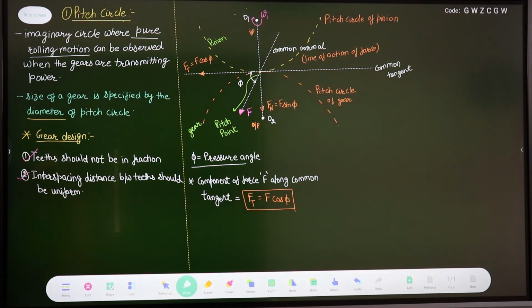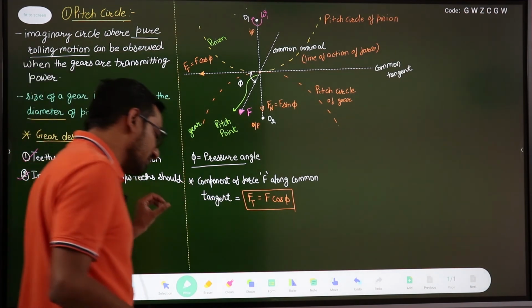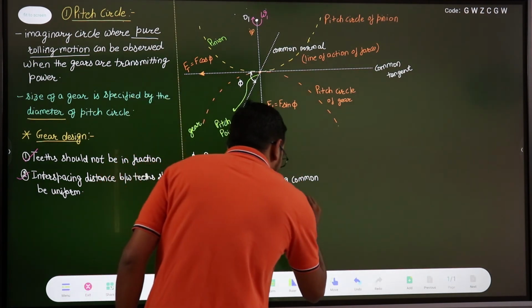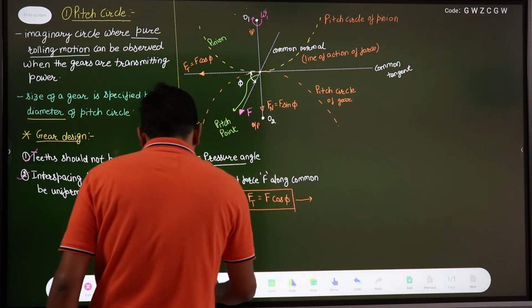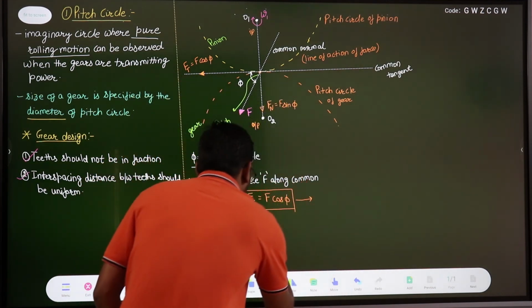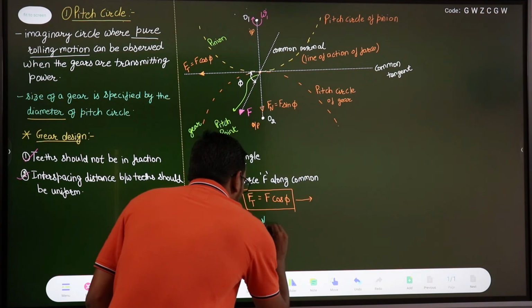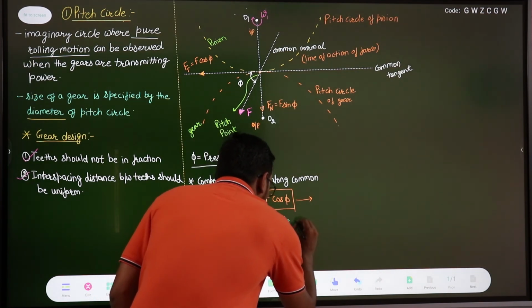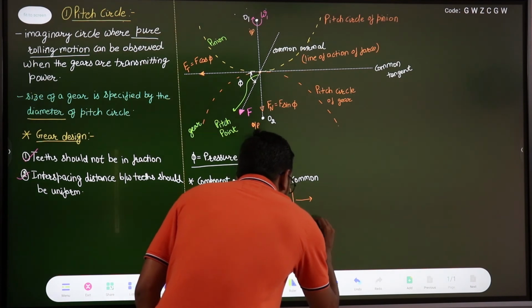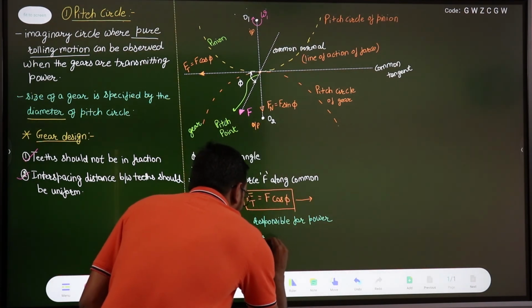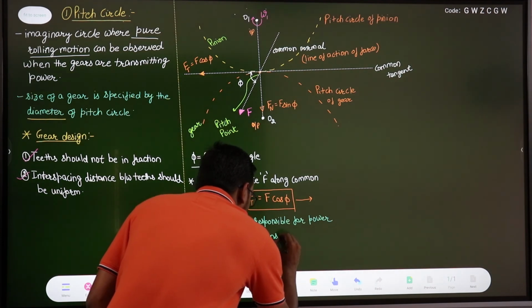So Ft, which is F cos phi, will be responsible for transmitting the power. Power will be transmitted because of this force Ft.